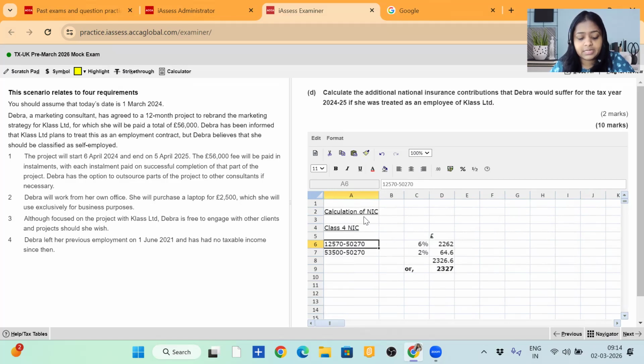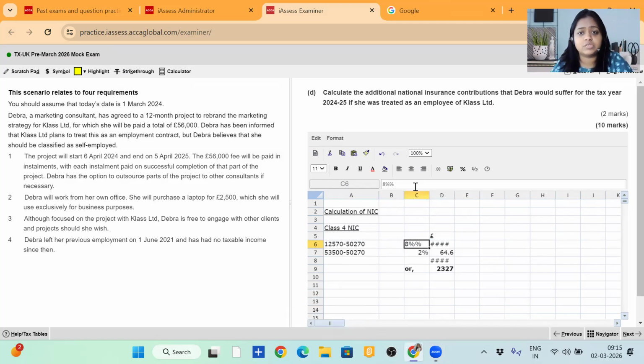Now the only thing that you have to consider here is that instead of taking 53,500, because that was an adjusted trading income, an employee would not get a capital allowance, right? So we would do it on 56,000. That is the earnings that an employee is earning. Got it? Right? So that's the only difference that we'll do, and this rate will become 8%.